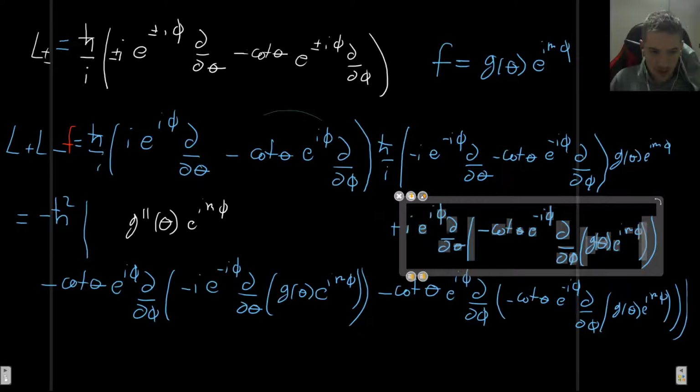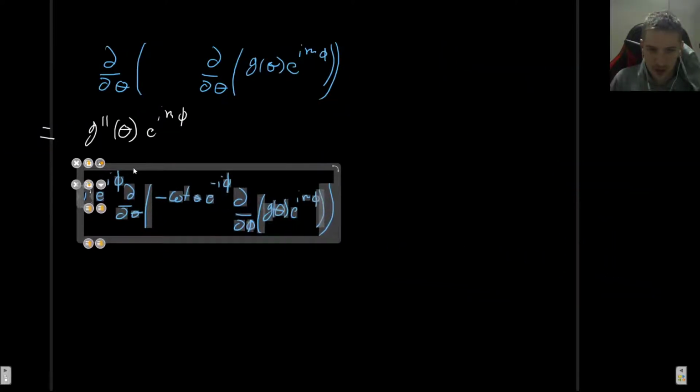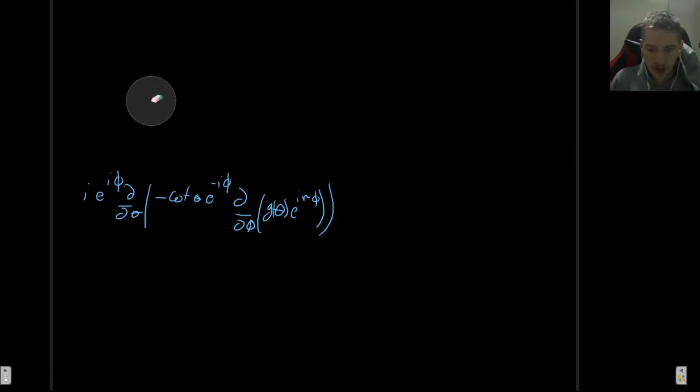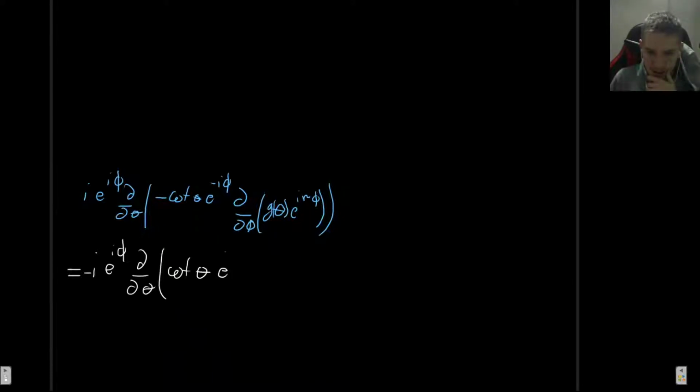Okay, great. Second term is this one right here. So let's take it now here to examine it. Okay, so what can we do with this? Let's see. Well, first we are going to have to apply the derivative. So we are going to have the same thing, e^{i phi} d theta. Well, we can leave the minus sign outside, cotangent of theta e to the minus i phi, which we can actually take outside as well and have it cancel out this right here, since it isn't affected by this partial derivative.